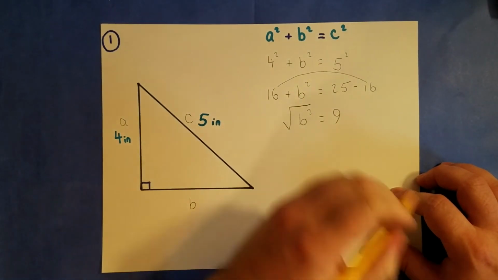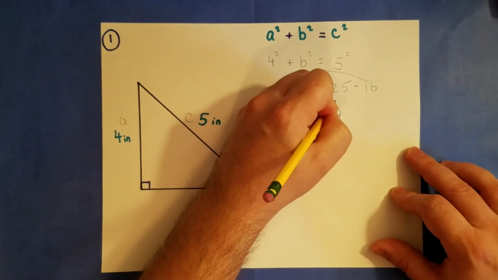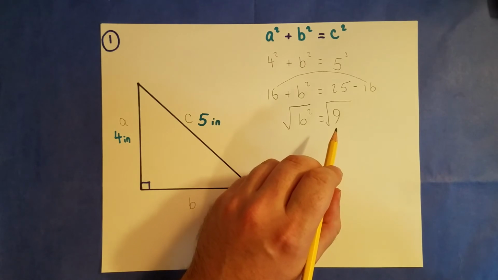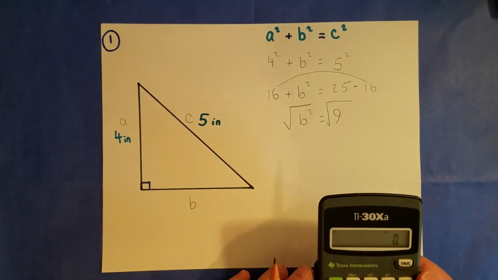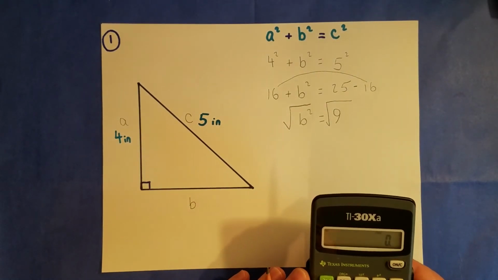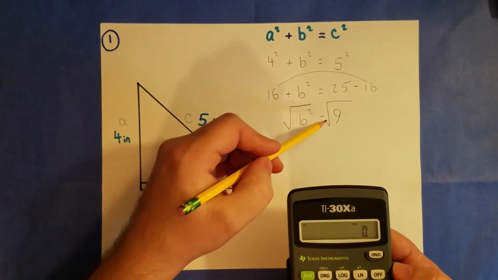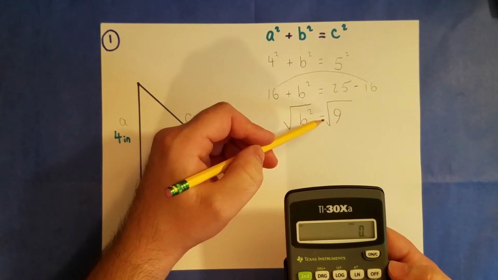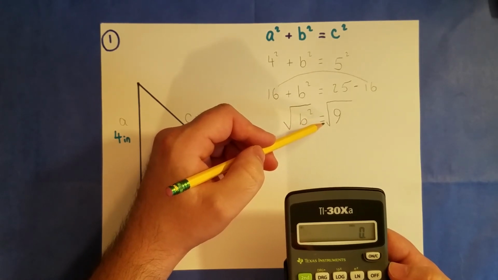I want to find the square root of 9. And for demonstration purposes, I'm going to use a calculator. It's always okay to use a calculator with this because square roots and finding square roots can be difficult. So I'm going to use a calculator. We may already know the square root of 9. Make a prediction. What do you think the square root of 9 is?